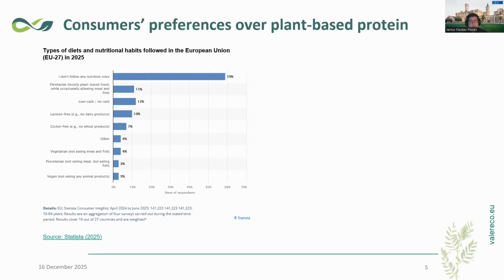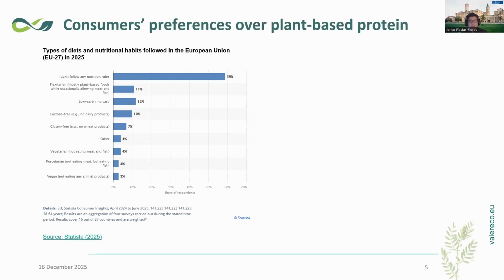And we can see now that, for example, in a later survey by Statista this year, most Europeans do not follow any nutrition rules, and the number of vegans, pescatarians, and vegetarians is still, on average, in Europe around 3-4%, which is a value that has also stayed quite stable during the years, which is something to celebrate, but still raises questions of how much more we can penetrate with plant-based proteins.